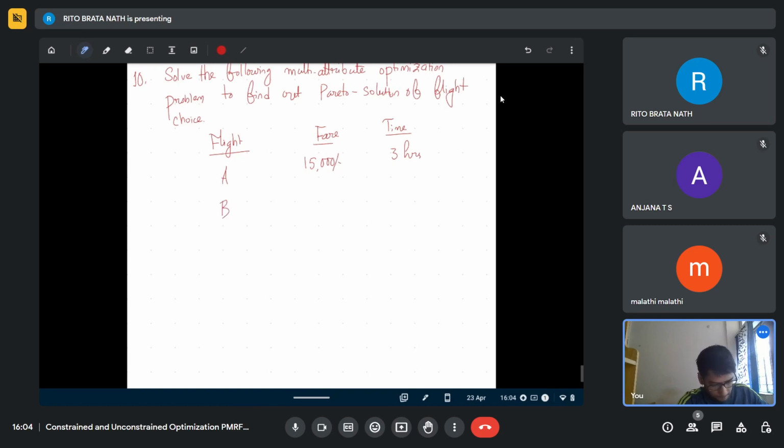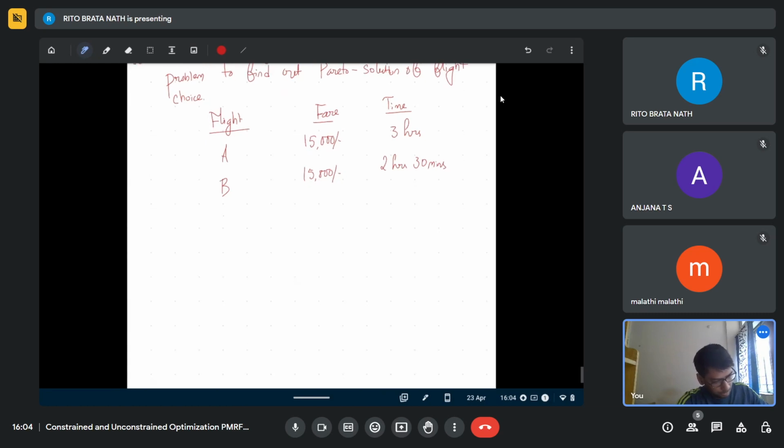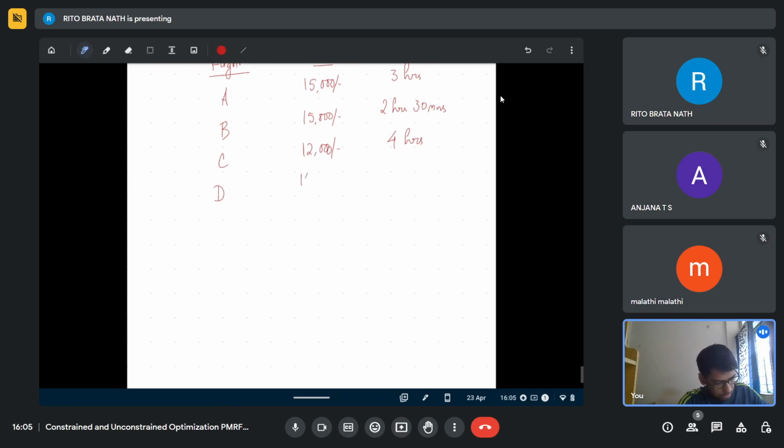B is the same fare, and this is 2 hours 30 minutes. Flight C is 12,000, 4 hours, and flight D is 15,500, and this is 3 hours.